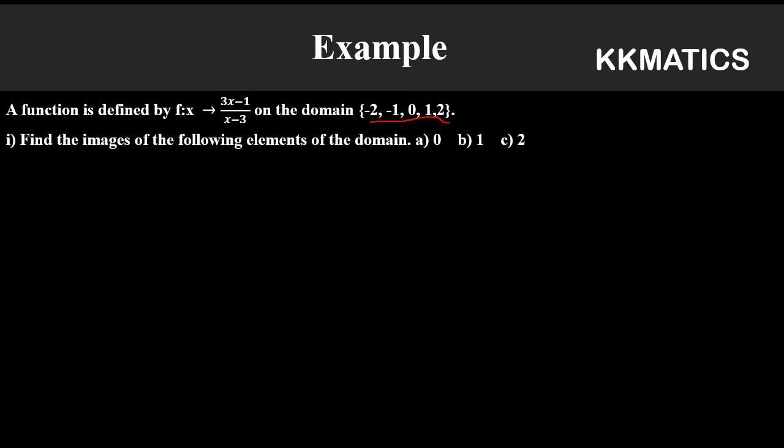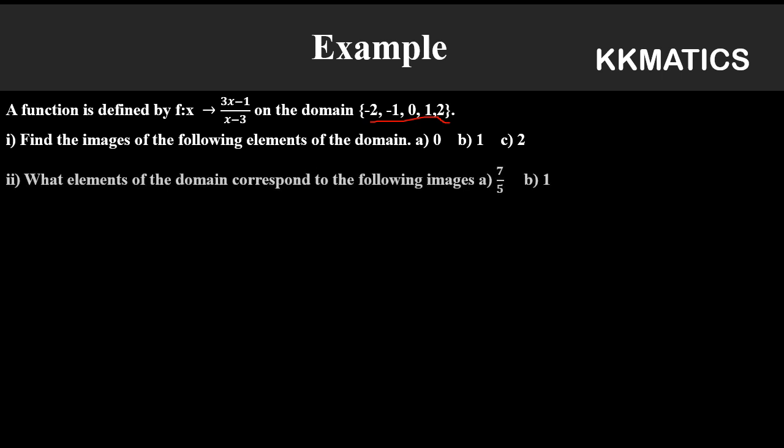We are told to find the images of the following elements of the domain, that is 0, 1, and 2. So we don't have to stress ourselves by finding minus 2 and then minus 1. All we have to do is just find these ones, because that's what they're asking us to do.